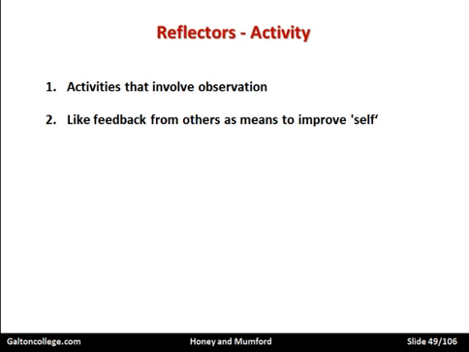So they're constantly looking for feedback and for criticism. Constructive criticism is very valuable. So they're looking for what other people saw in their activities that could be improved. So they're constantly and actively looking for feedback.